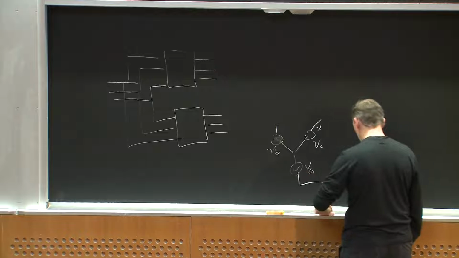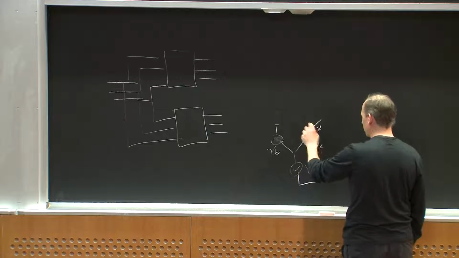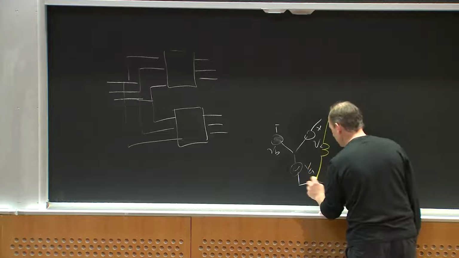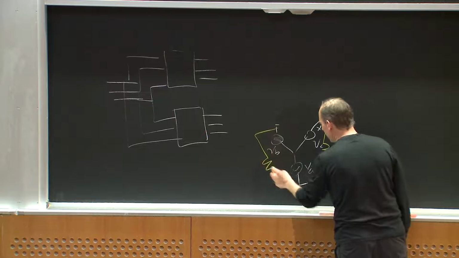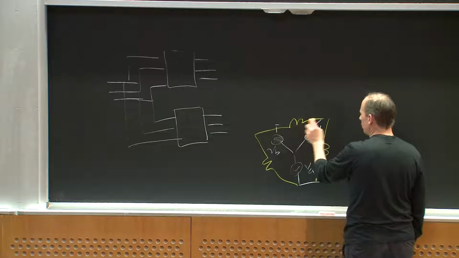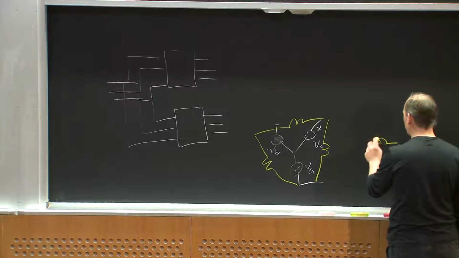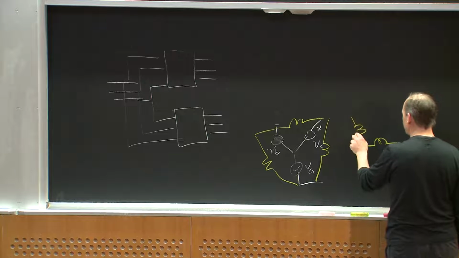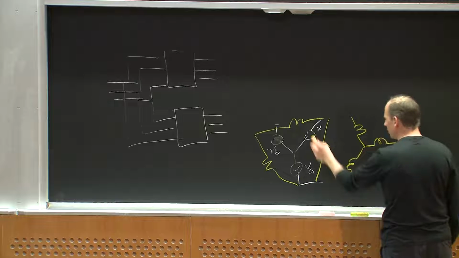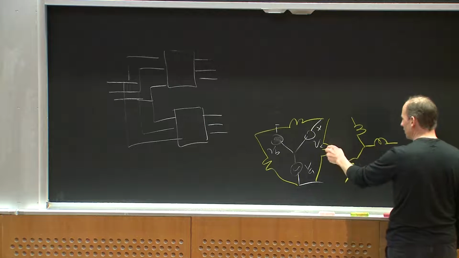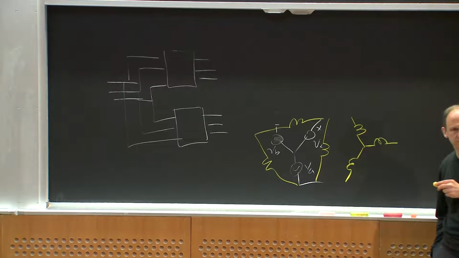Okay, and I will just go build a transformer that says, let me take the line-to-line voltages, which are square root of 3 bigger, and then I will generate a new Y set. I'll connect the primaries in delta and the secondaries in Y, so I'll make a delta to Y transformation.